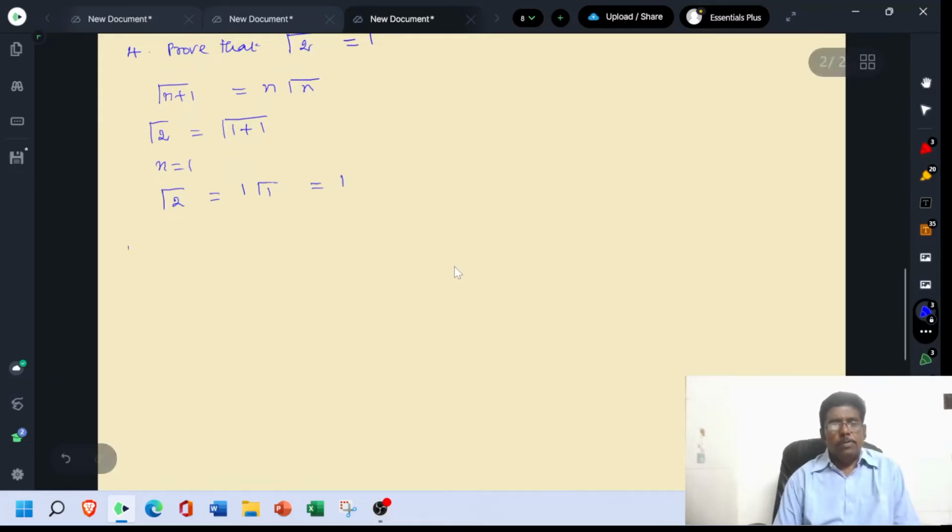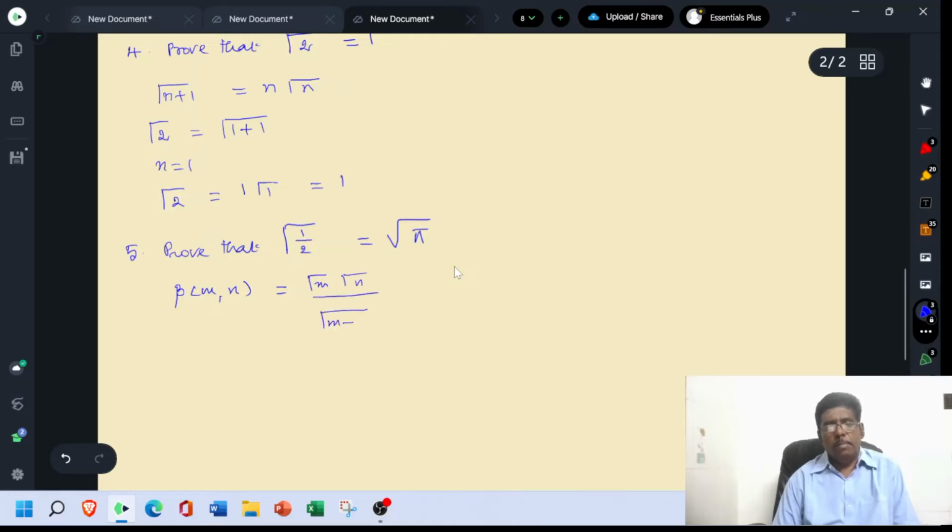Next problem is: prove that gamma of 1 by 2 is equal to root pi. To prove this, you should know the relation between beta and gamma function. Beta of m comma n equal to gamma m into gamma n whole divided by gamma of m plus n.